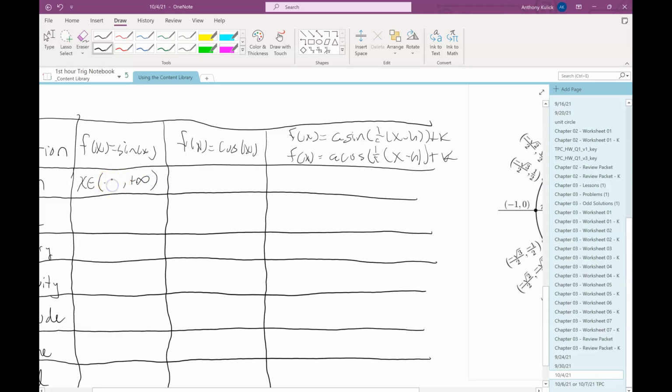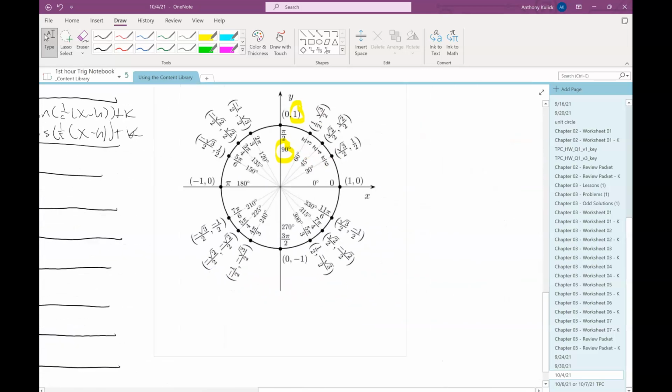And we'll describe that with our set notation, or interval notation, I guess. Everybody's okay with that? Because again, the domain is your set of inputs. The range is the set of outputs. So the outputs for sine are tied to the y-coordinate on the unit circle. So what's the smallest y-coordinate on the unit circle?